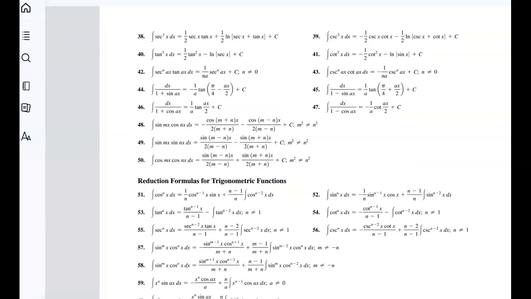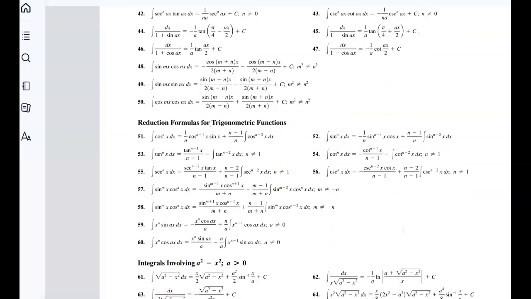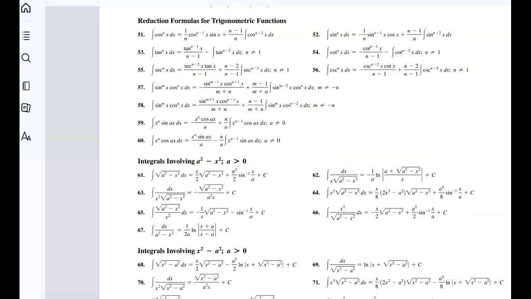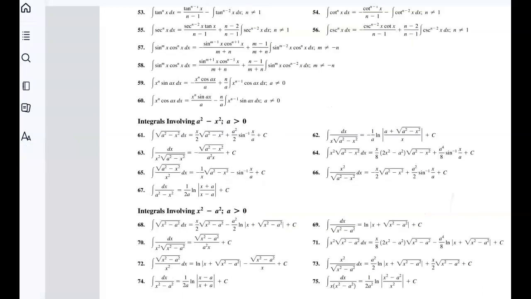But then it goes into some more common ones you know how to solve from section 8.3 using the trigonometric identities, the reduction formulas for things like 38, 39, 40, 41. We have worked through a process to do that. So you don't have to memorize, of course. Here's more general reduction formulas. Remember I said you can work through the process or you can memorize the reduction formula. That's all there.